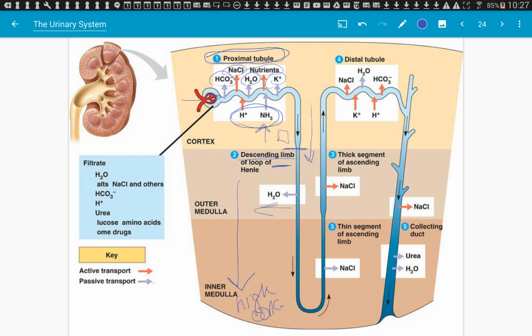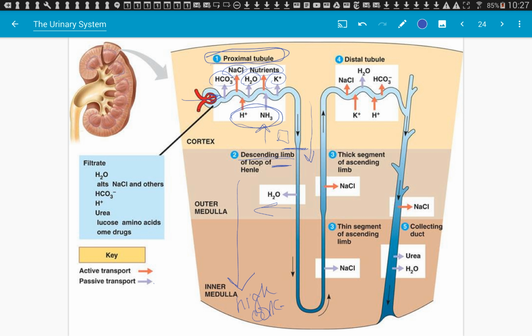So if the concentration is getting higher and higher, the further down you go in the descending loop of Henle, then water is going to want to flow out of the tube to the area of higher concentration. So this is one way water is reabsorbed.